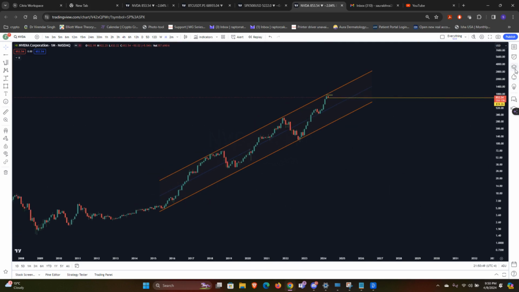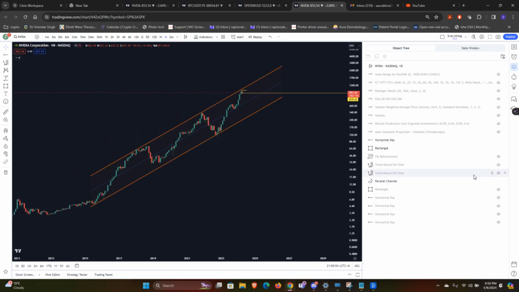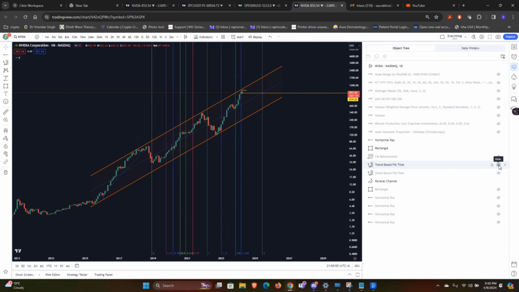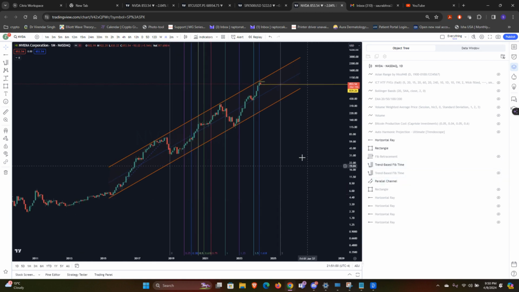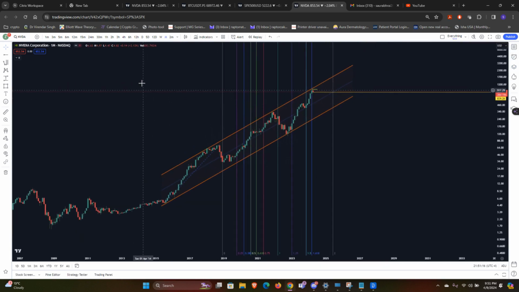I have drawn out two trend-based fibs over here. You can see these are from significant lows and highs, and there was a reaction. You may not be able to see the reactions because it's a monthly time frame, so let me zoom in to the daily time frame here.